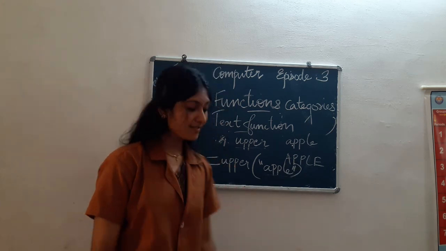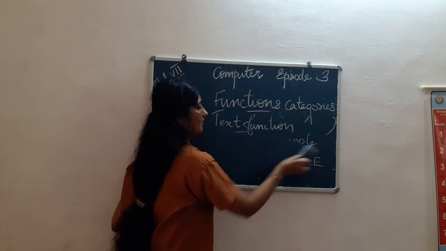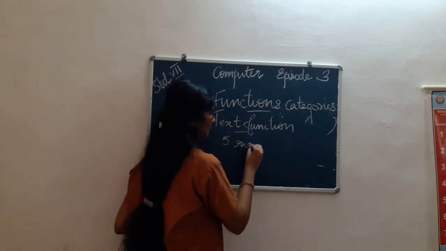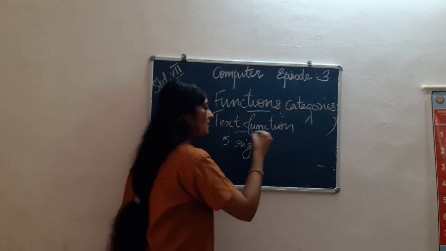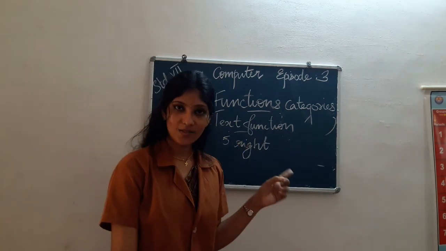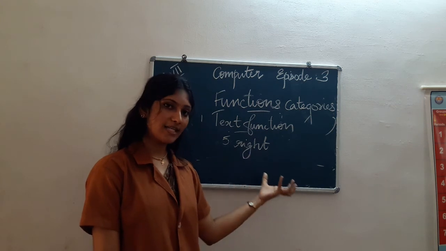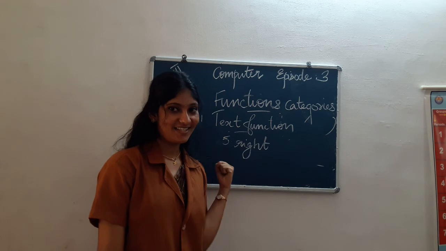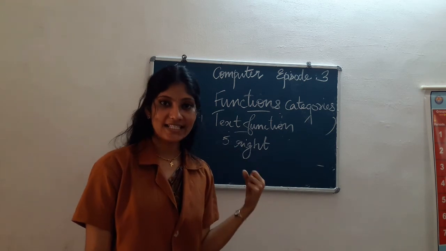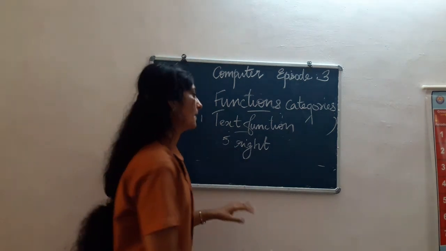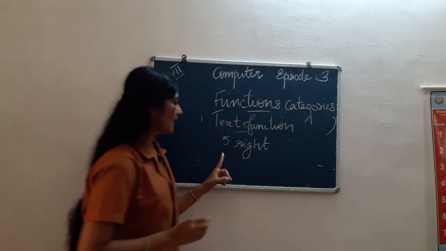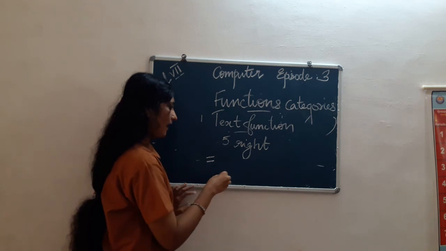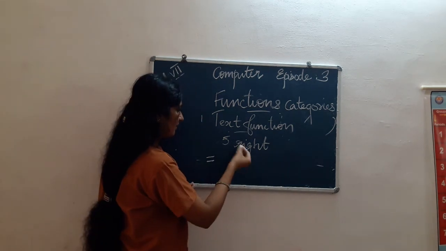Then the next function is right. Right means if you write a string, it will return the characters from the right side. Let me write the syntax, and after that I will explain.